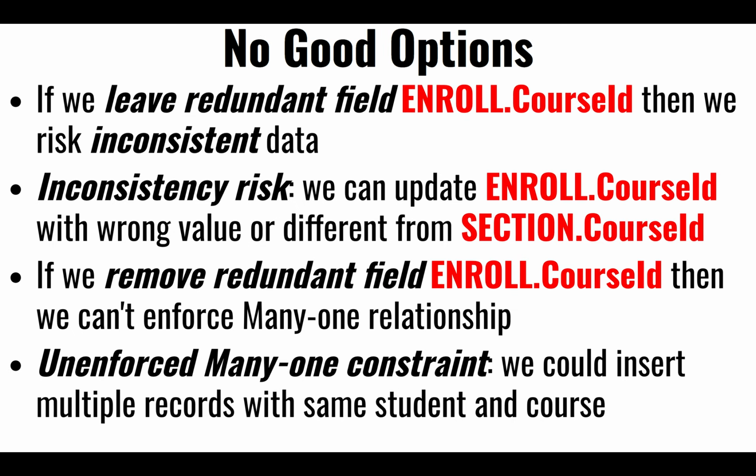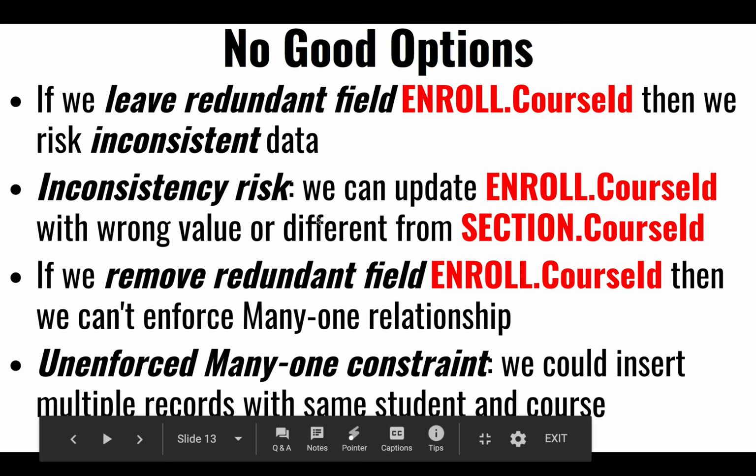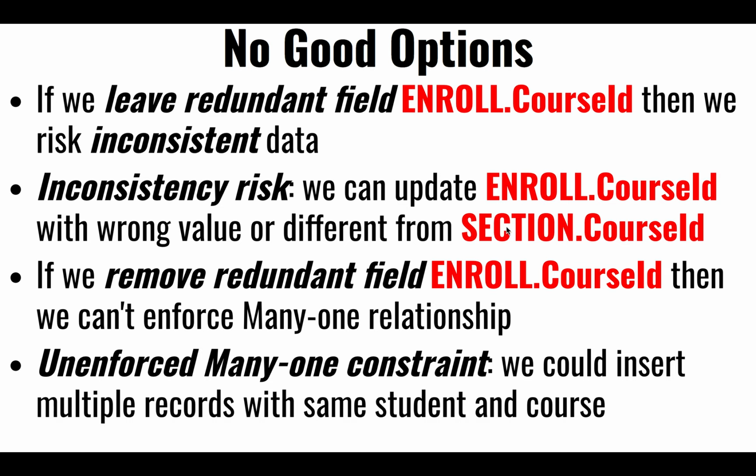So if we leave the redundant field enroll course ID, then we risk inconsistency. We could update enroll course ID with the wrong value, different from the section's course ID. They both need to point to the same thing. This student is enrolled in which course? If you follow enroll.course ID, it needs to be the same value as if you follow a different path, down to the section and then up to the course.